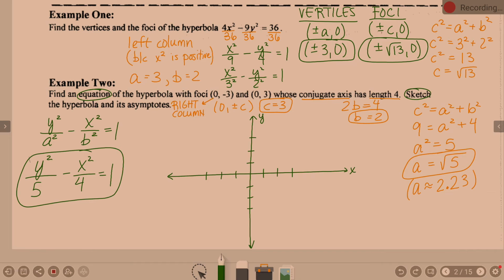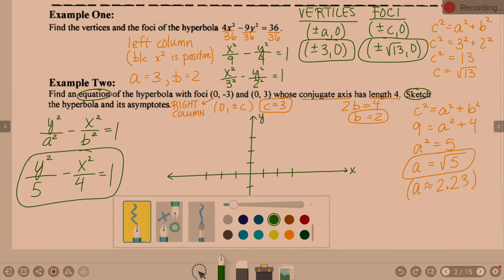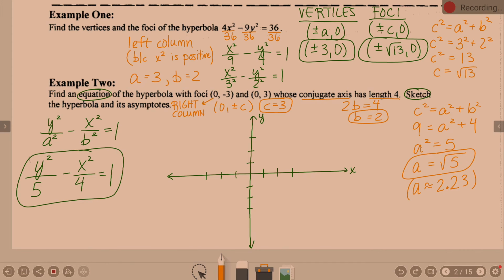Okay, so we can already graph the foci of 0, negative 3 and 0, 3, correct? So 0, negative 3 and 0, 3. Remember, this is a right column, so they should be going up and down, yes. So those are my foci.